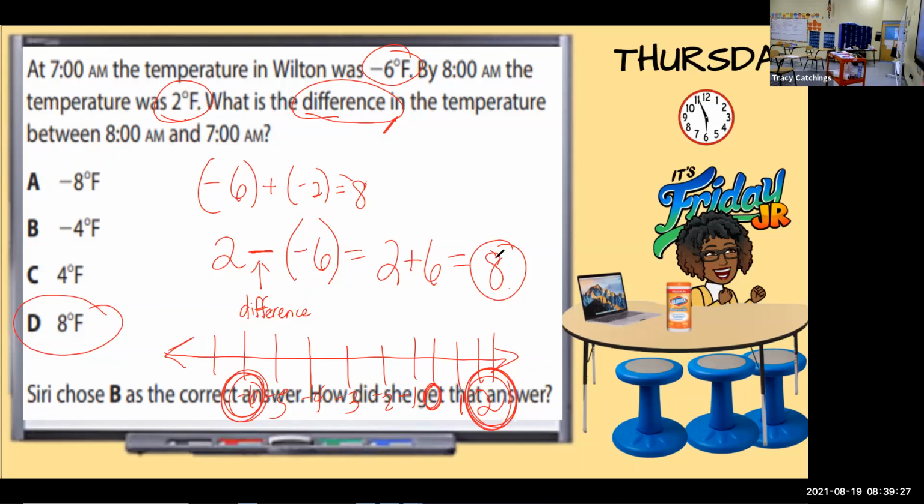At the bottom, they said Siri chose B. How do you think they ended up with -4?